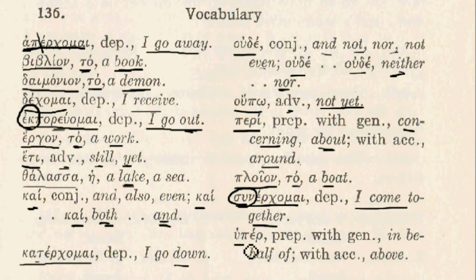Huper, finally, is the last of our vocabulary words. This is a preposition with the genitive. It means in behalf of. Huper with the accusative means above. You know that something is hyper in English if it's above. Hyperactive, that idea means above normal. It comes from this notion of huper, which is used with the accusative to mean above.